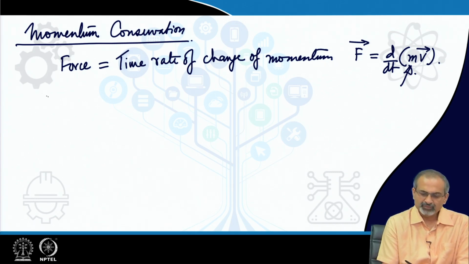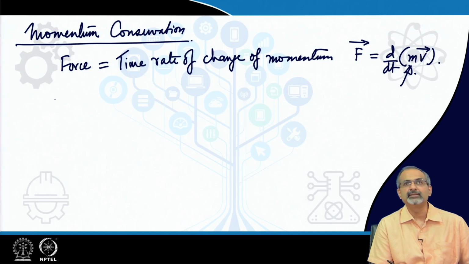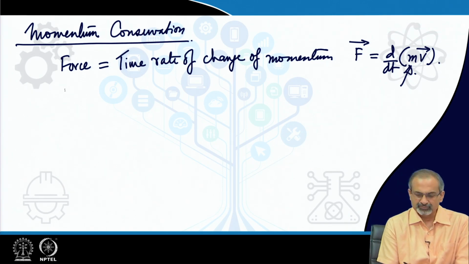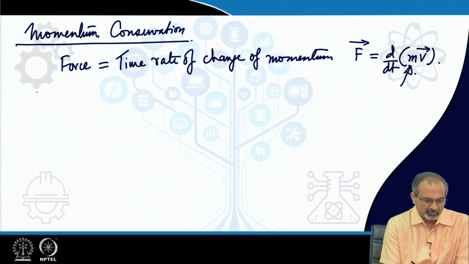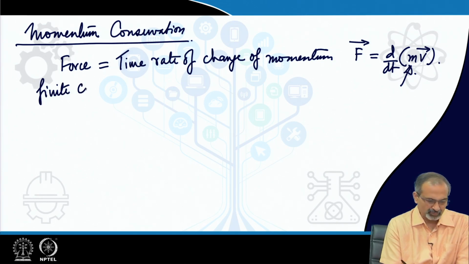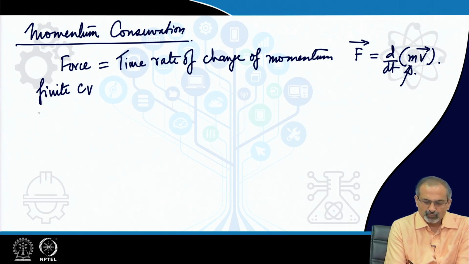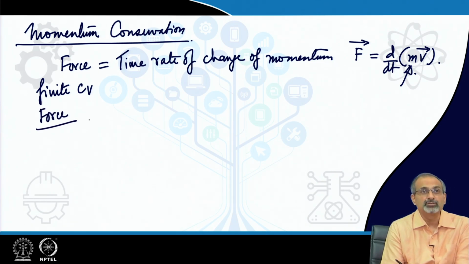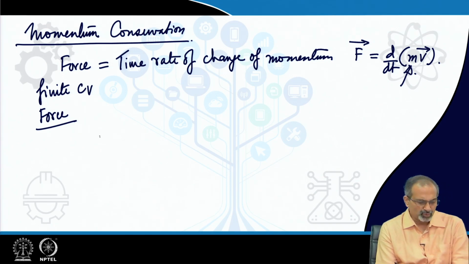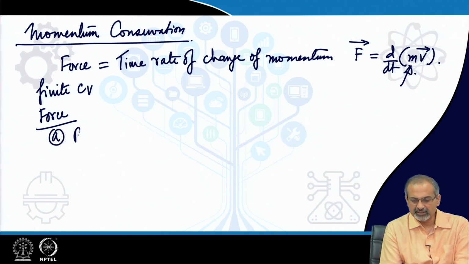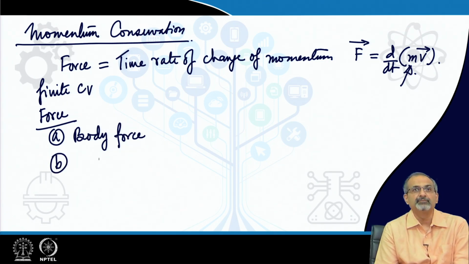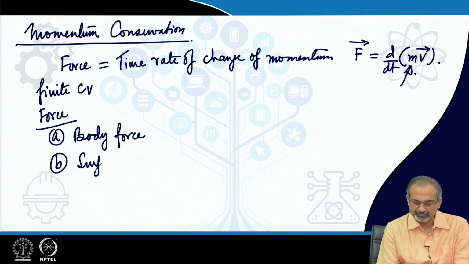Now, we have to still find a way to apply this equation to the flow which is moving through the finite control volume. So, as we do that, we should be able to work out expression for the force part. So, when we do that, we try to first identify the different categories of forces. We will broadly divide them into body force and surface force.